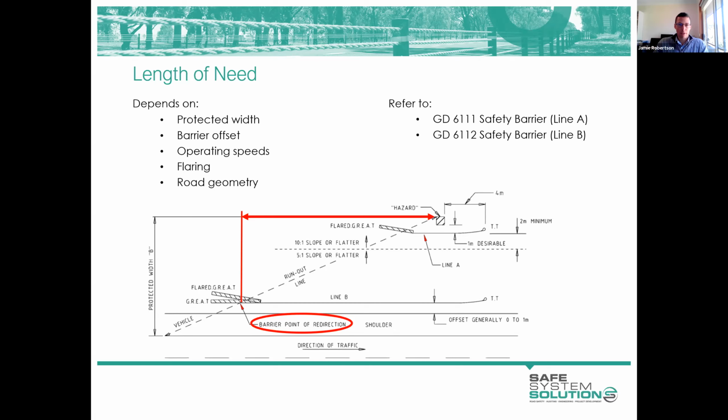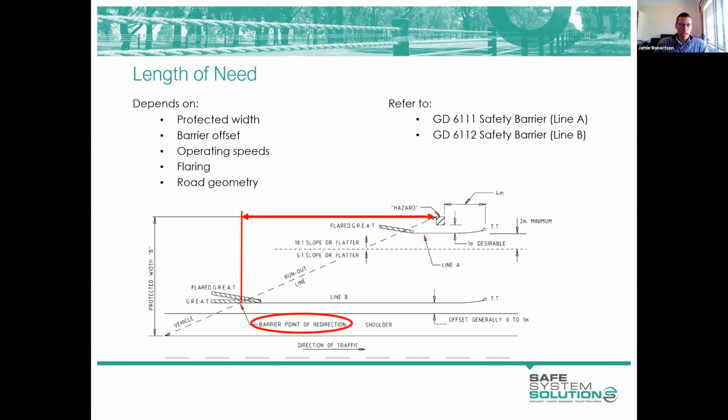There might be other concerns that you have with perhaps rollover before a vehicle strikes that barrier, but to shield that particular hazard in its own right, you could get away with a fairly short barrier. Your operating speed affects your length of need as well. The faster your operating speeds are, the longer a barrier needs to be typically.